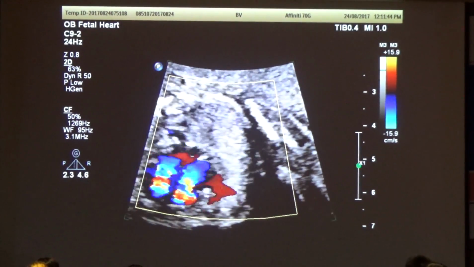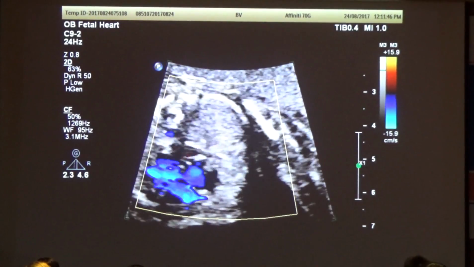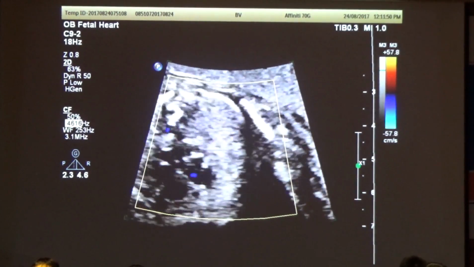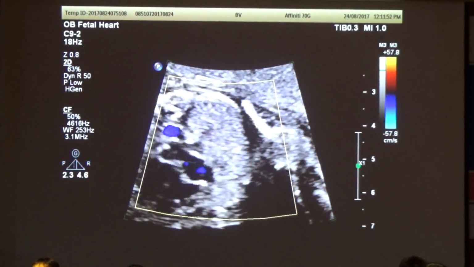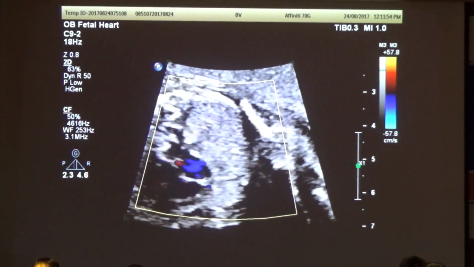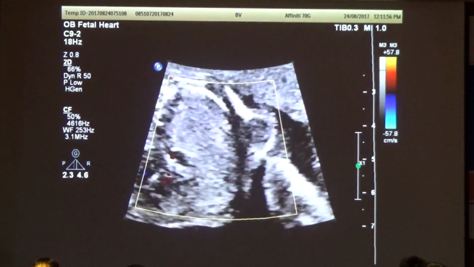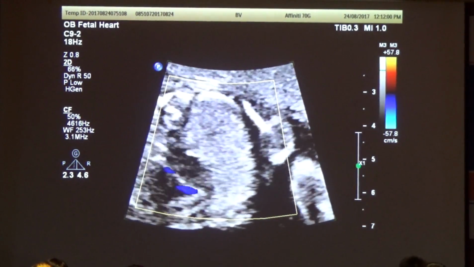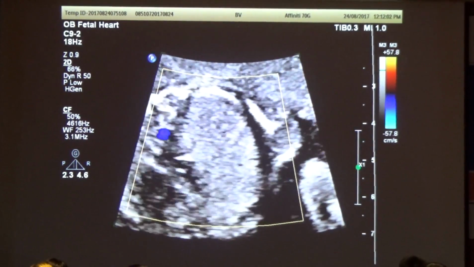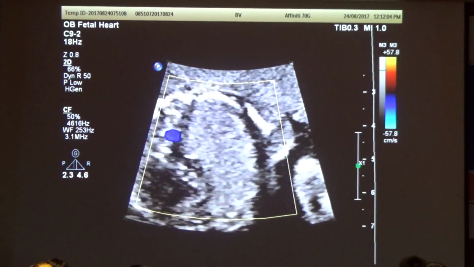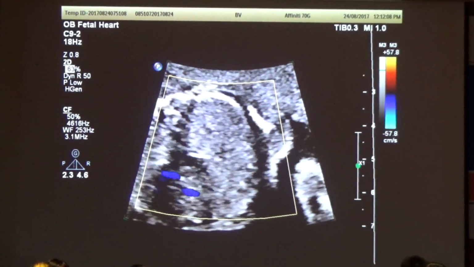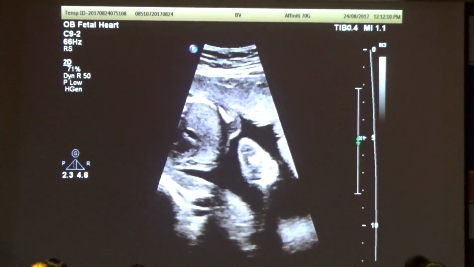Bây giờ mình quét đây ngay chỗ cái ngực thì chúng ta phát hiện được cái tim. That's good. We need a little bit more gain posteriorly. And I want to get the depth down again. I don't want zoom, I want the depth, để chúng ta thấy cái tim nó vô bằng chữ. Can we get down a bit more? Yeah, okay, that's good.